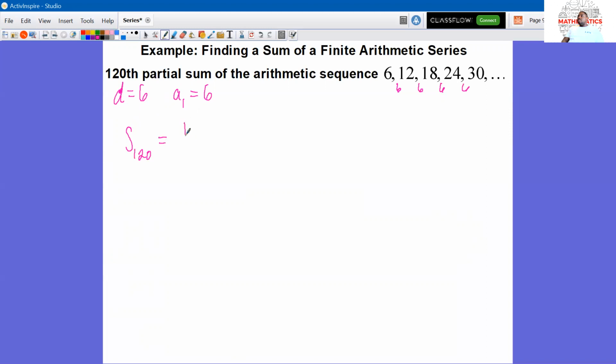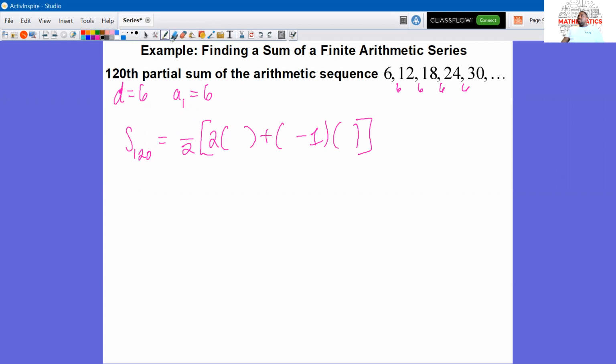S120 equals n over 2 times 2 times a1 plus n minus 1 times d.